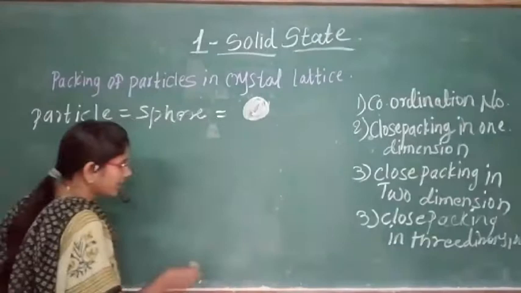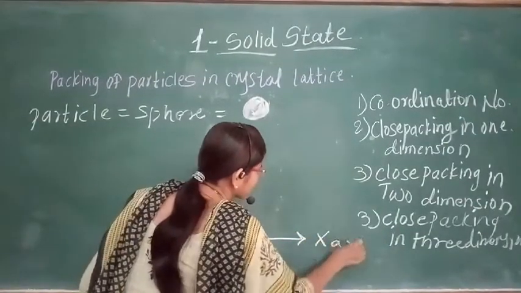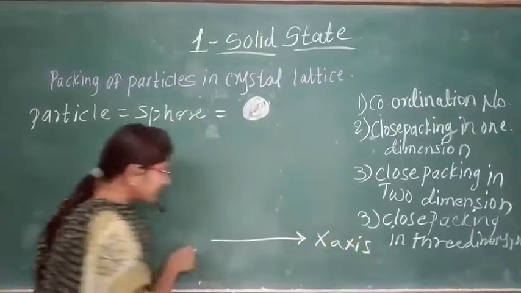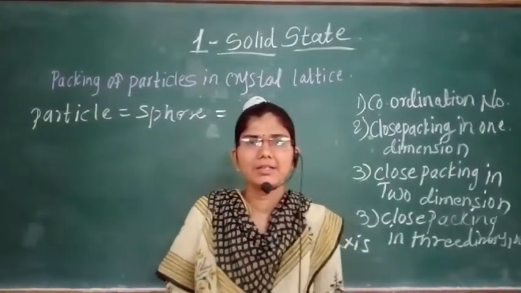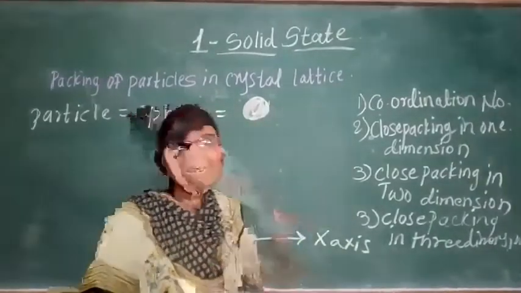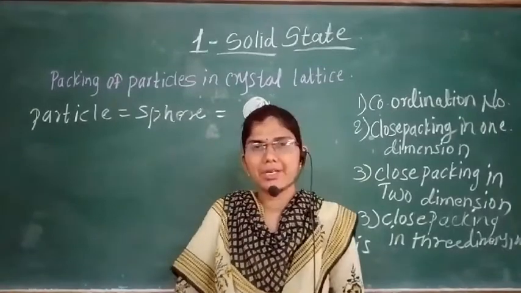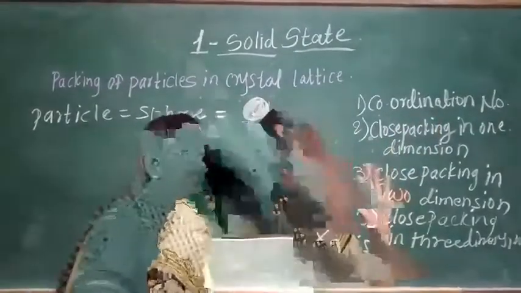One dimensional arrangement means here this is our x axis, and it is a one dimensional structure. In one dimension, first, how are the spheres packed? That means the close packing in one dimension.